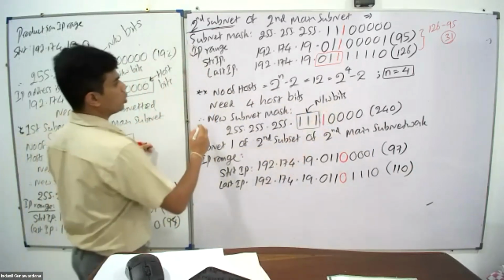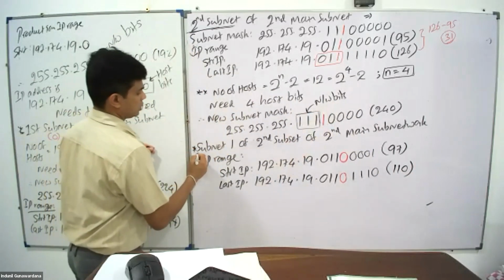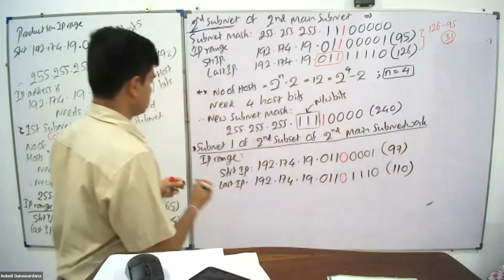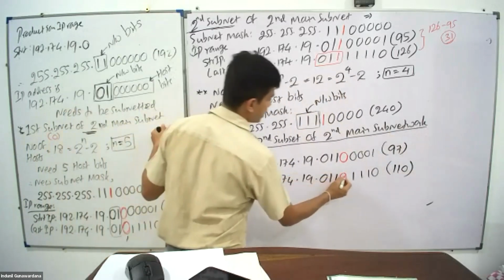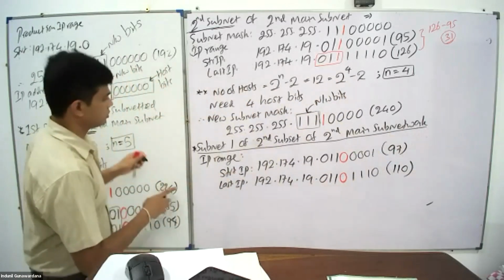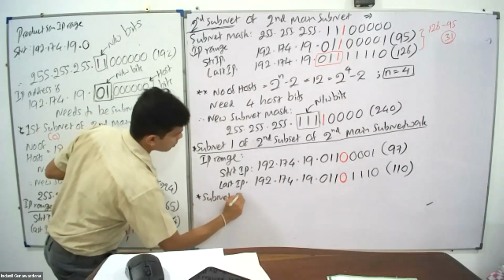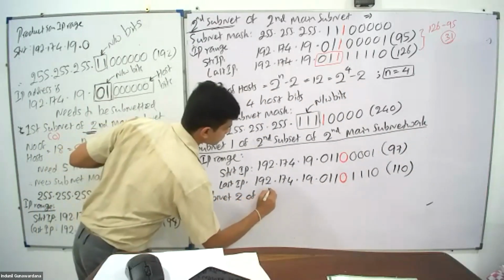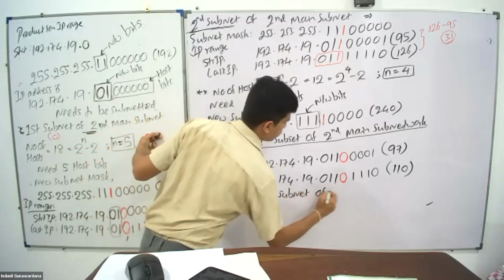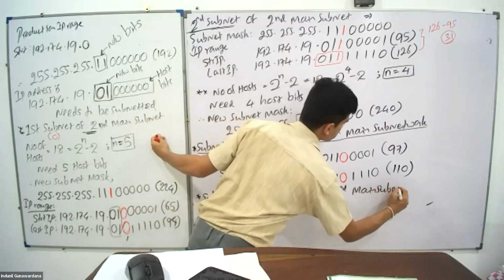Alright. Then I am going to go for the next one. Now I have to go to the other one. So the subnet bit was maintained as 0. Now by making this 1, I go to the next. Subnet 2 of the second subnet of the second main subnetwork.